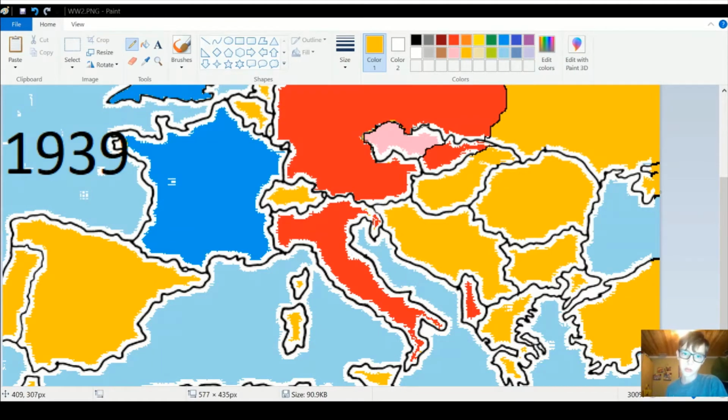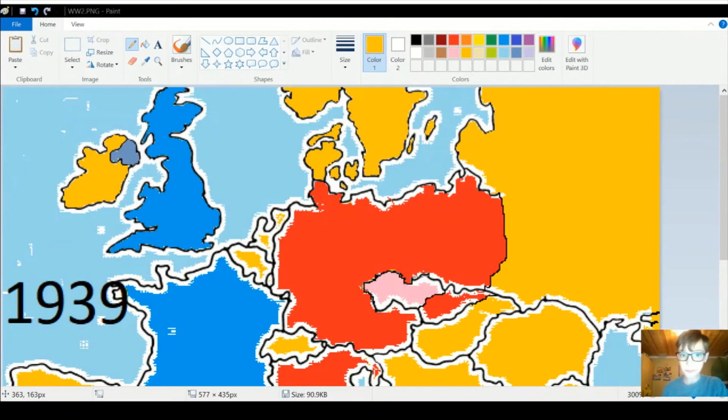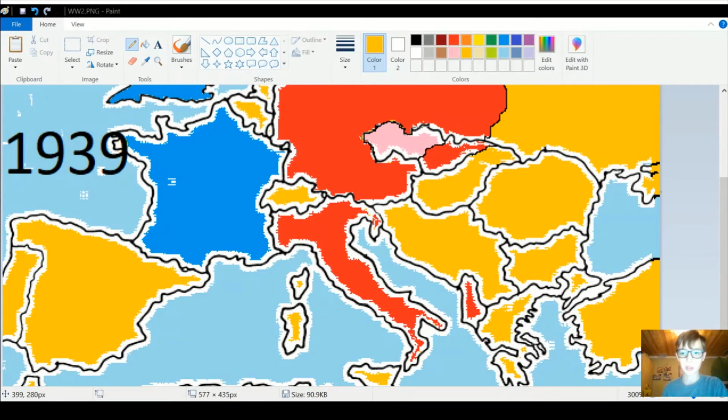Italy also wants control of the Adriatic Sea here, so they take the country of Albania. Pretty big thing, because now Yugoslavia is going to be a victim of them in the near future. They don't have any sea access routes anymore. They're basically stuck here unless Italy says, hey, you can pass through.